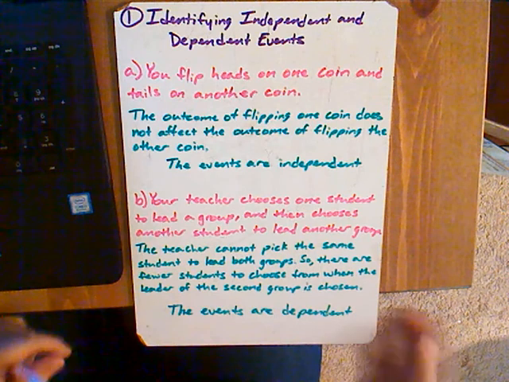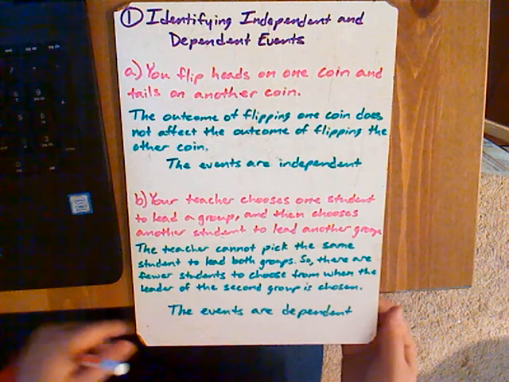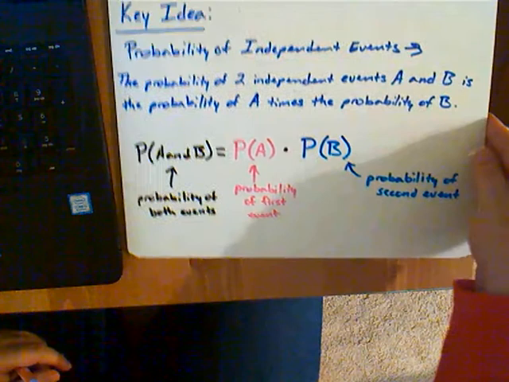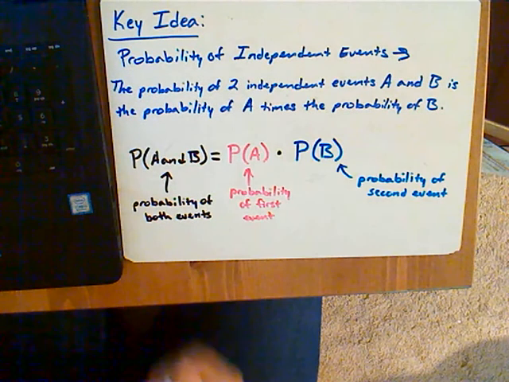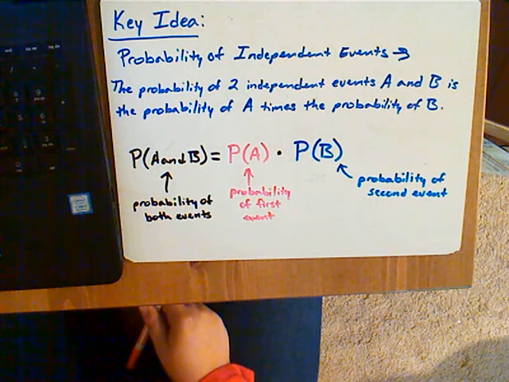So we're going to look at a key idea for this lesson and then look at an example of it. Our key idea is the probability of independent events.